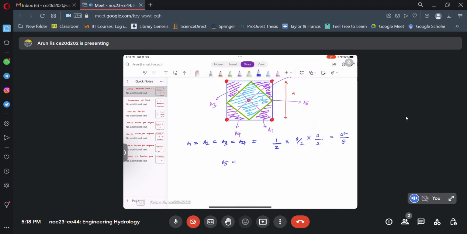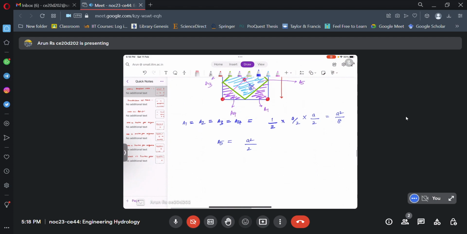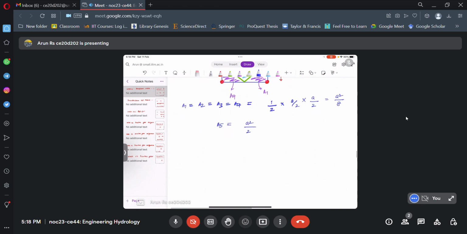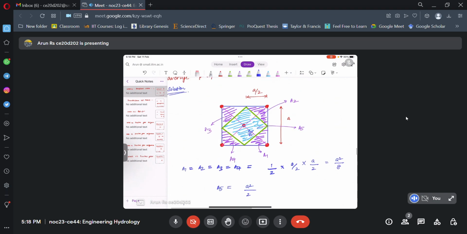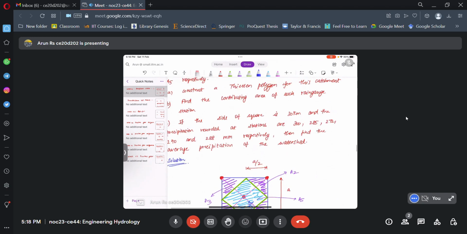Area of the inner square is A square by 2, because this side is equal to A by root 2. So now we can compute the, so we have computed the contributing area.